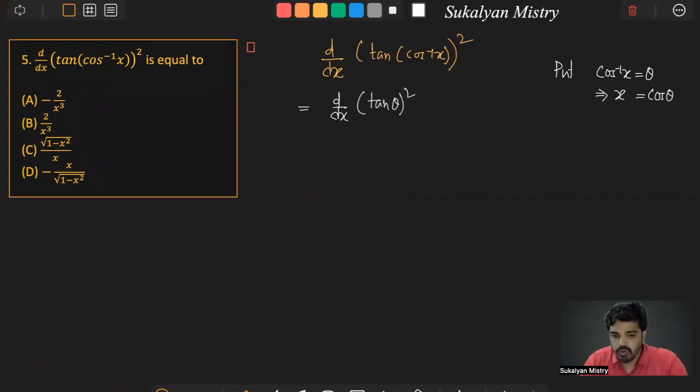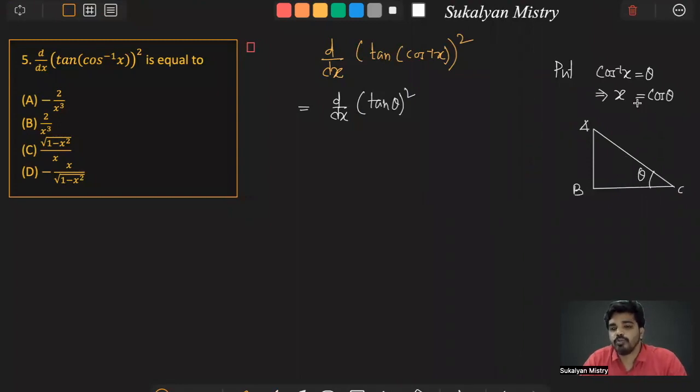Now we have to calculate tan theta, and convert it with respect to x. Look, this is the angle theta, triangle ABC.